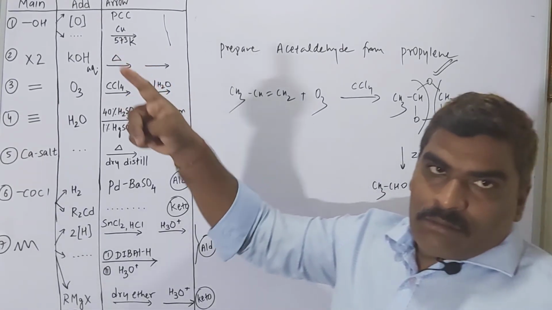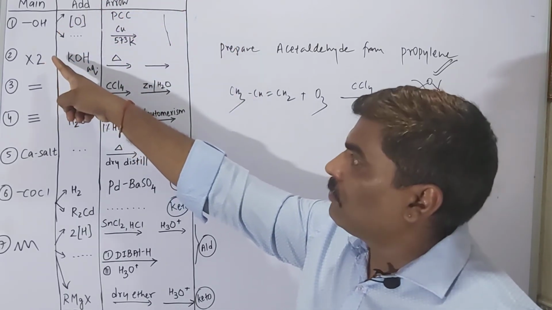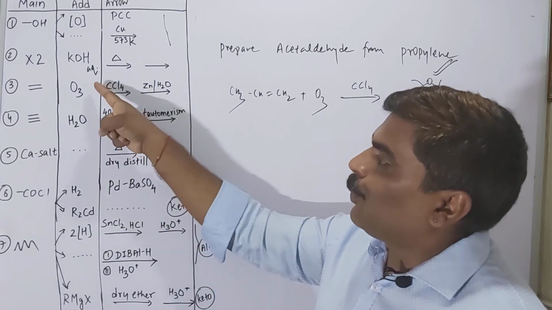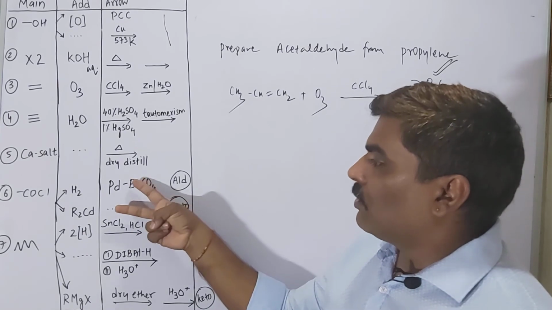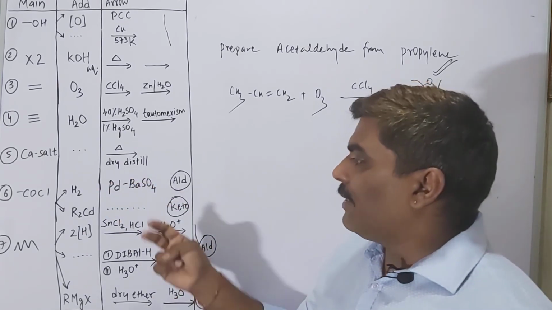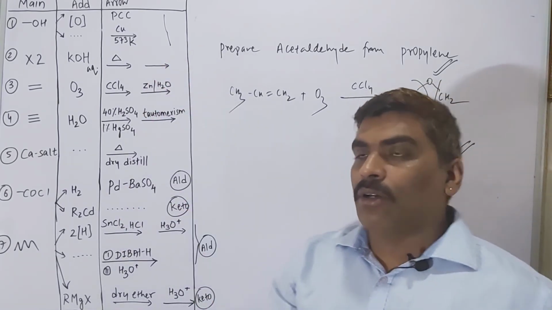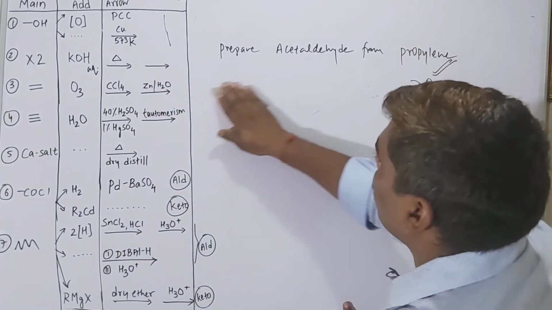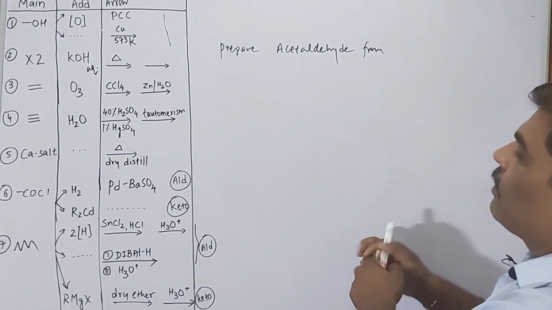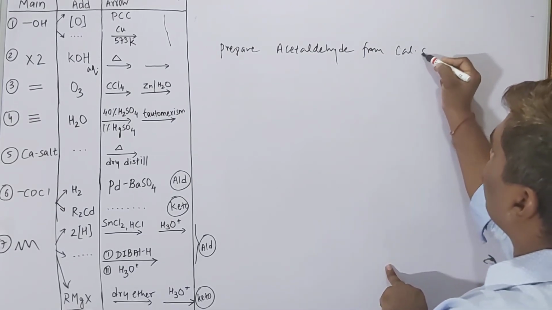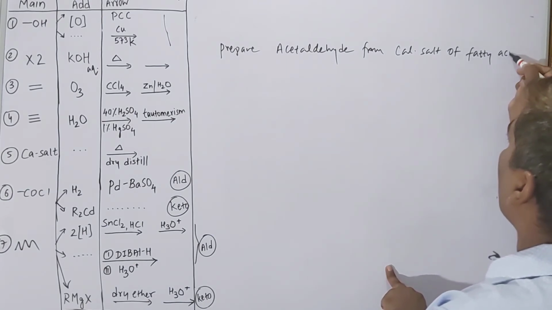Almost all the reactions we did: with two halogens, alkaline hydrolysis, ozonolysis, hydration, the calcium salt, and both using hydrogen and dialkyl cadmium. But there is one more question: suppose we want to prepare acetaldehyde from the calcium salt of fatty acids, or just fatty acid.